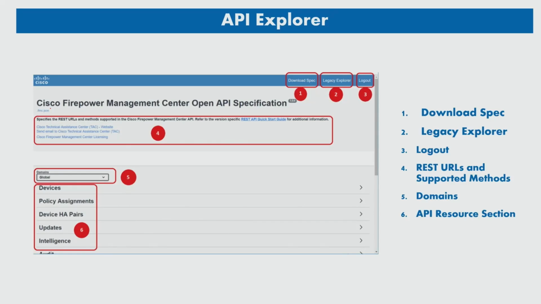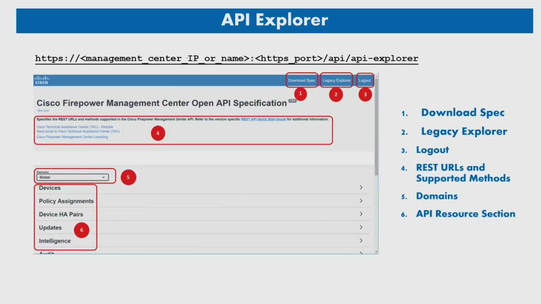The API Explorer is located on the FMC and can be found using this particular link. The Open API specification was used to create a new API Explorer in version 6.4. Although the newer API Explorer retains nearly all the previous functionality, the legacy API Explorer is still available if you prefer.